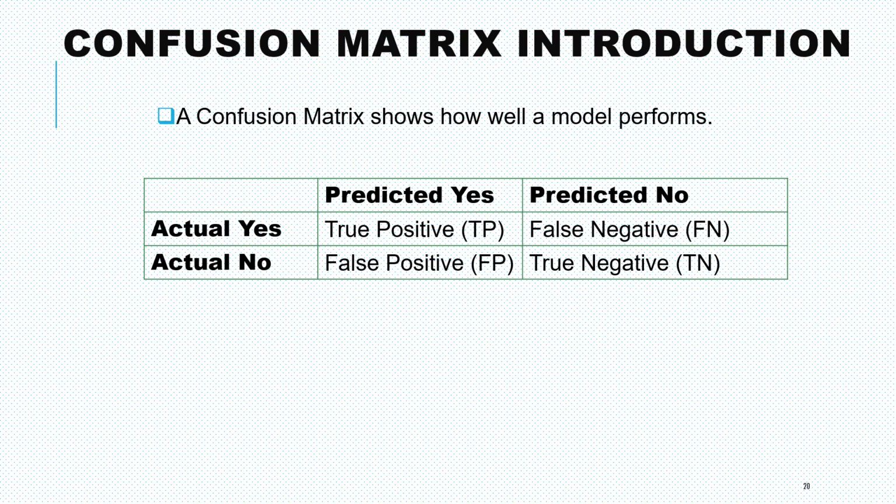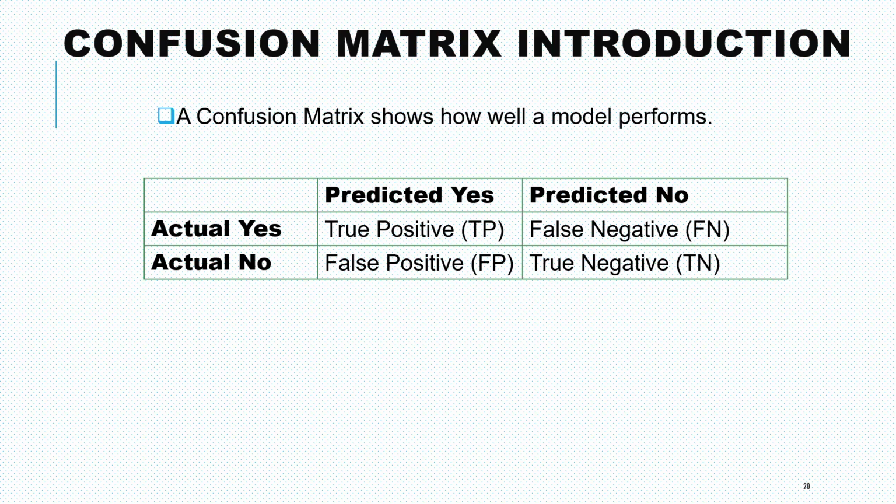Even though it is yes, which is a positive, the answer is false. So we say it is a false positive. Are you getting the drift? Great. So let's go to the next column.